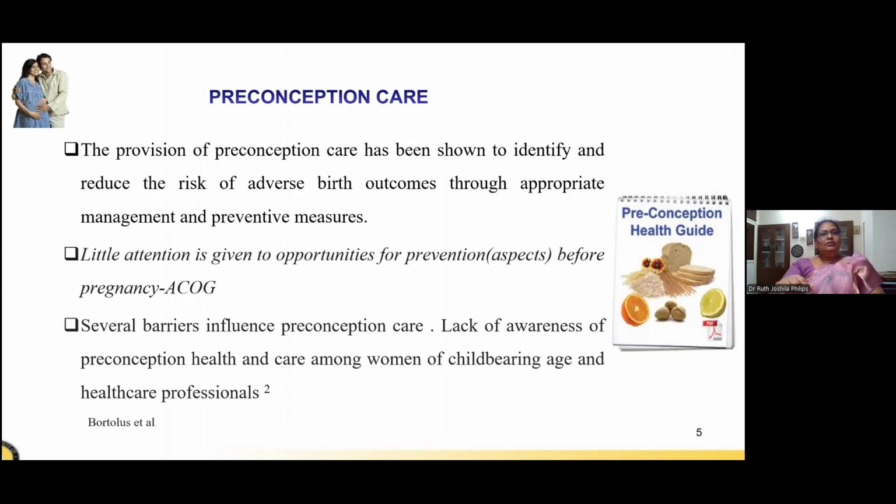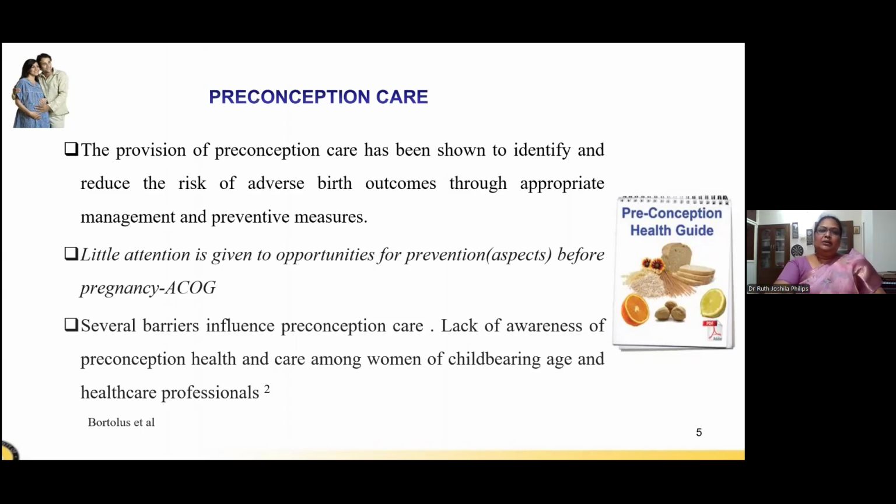But we always forget, and they say little attention is given to the opportunities of prevention before pregnancy, which is the preconception time. So that is the importance. When a woman and her husband are targeted, educated, diagnosed if there are any abnormalities, and educated in making informed decisions, the outcomes of pregnancy are going to be very good.